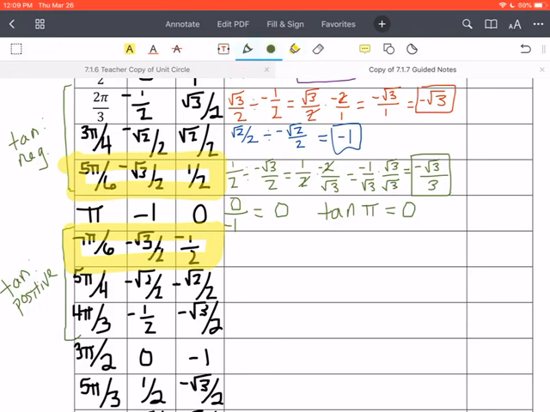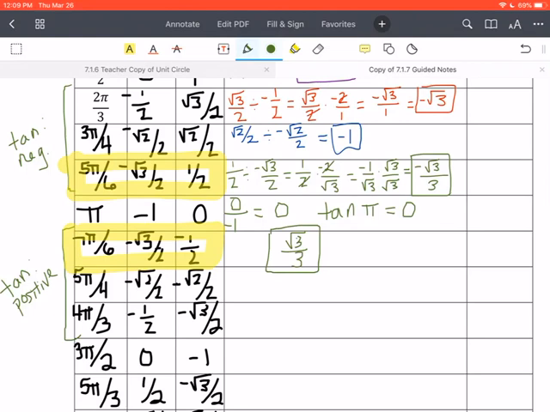So what was the tangent of 5 pi over 6? It was root 3 over 3. But it was negative in the second quadrant, and now in the third quadrant, a negative divided by a negative results in a positive.